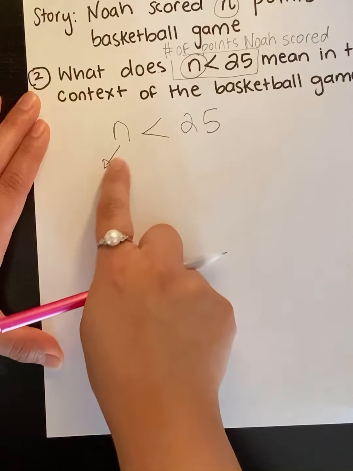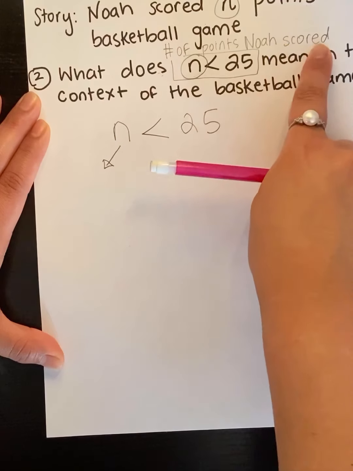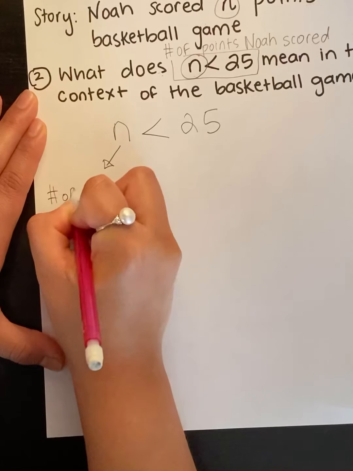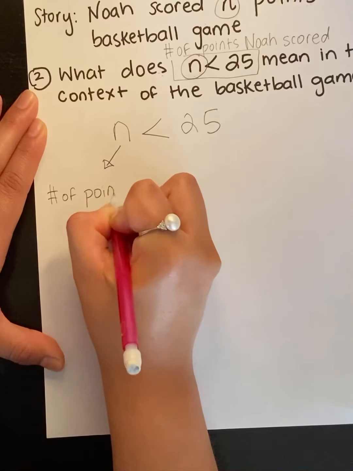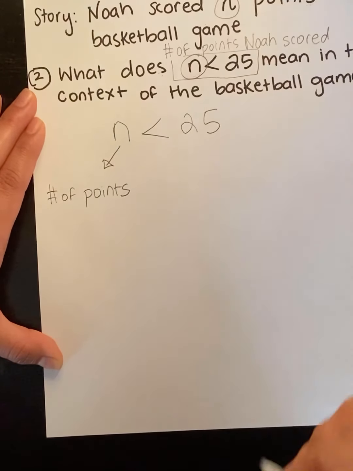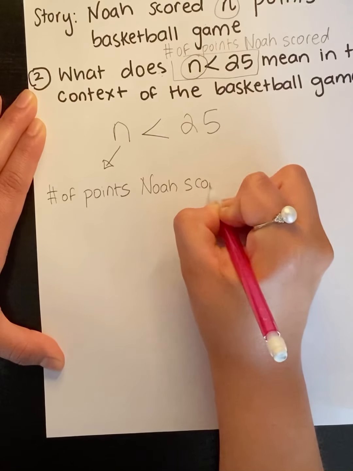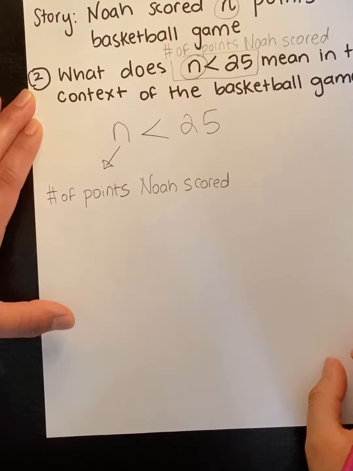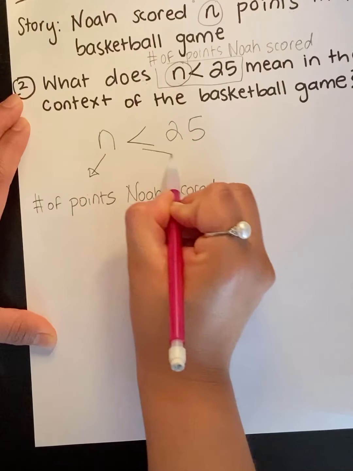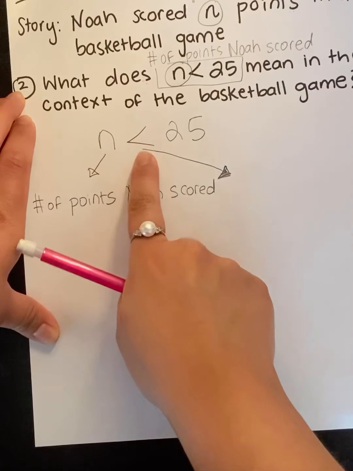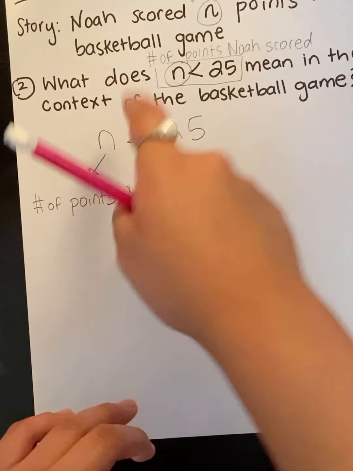So the N represents the number of points Noah scored. So let's go ahead and write that. Number of points Noah scored. And we are going to now rewrite what this inequality means.